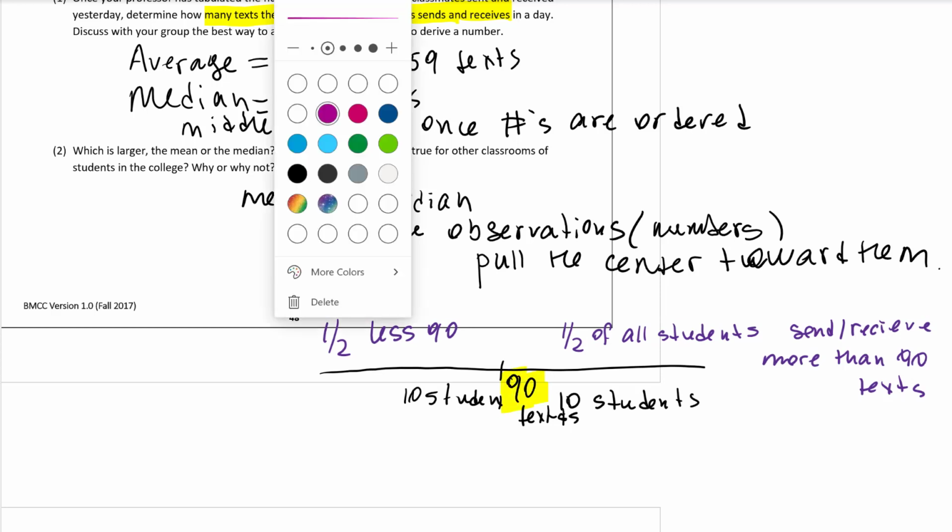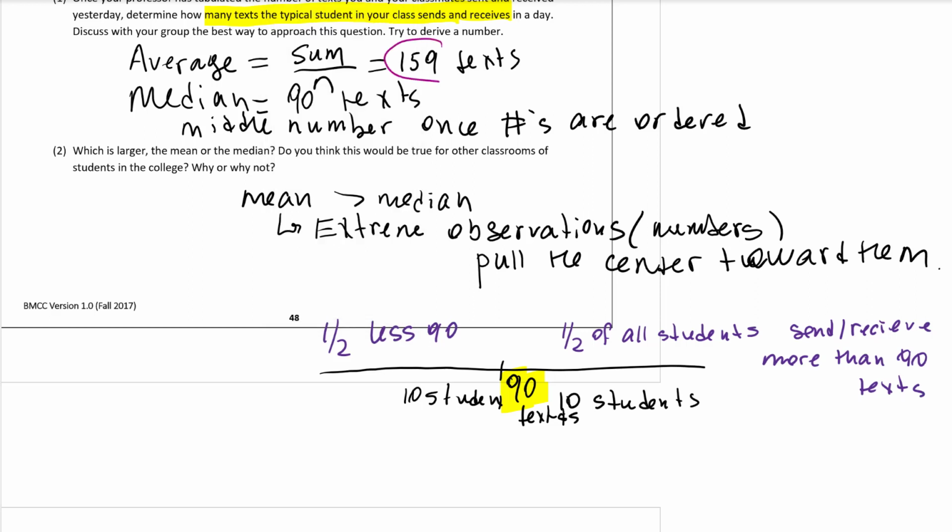So 90 is considered to be a physical center. And the fact that you have 159 as an average takes that physical center and pulls it away from the center, and it becomes higher, 159, because of those numbers like 200, 500, and this 1013 that are basically pulling the center towards them.